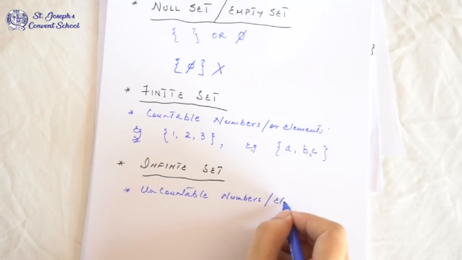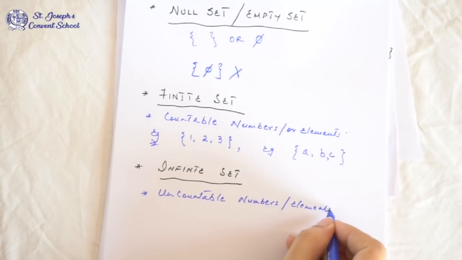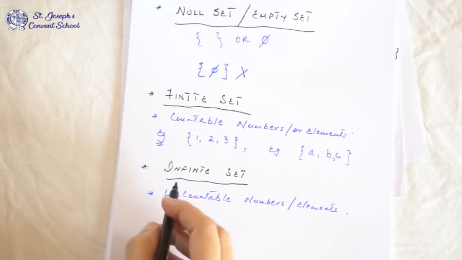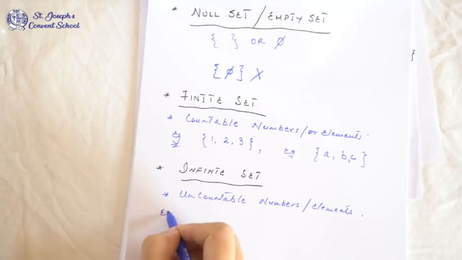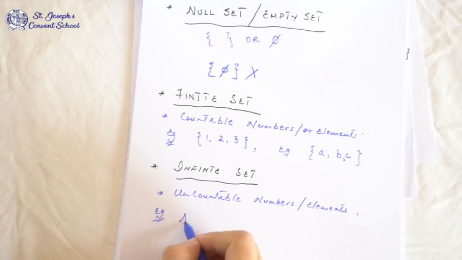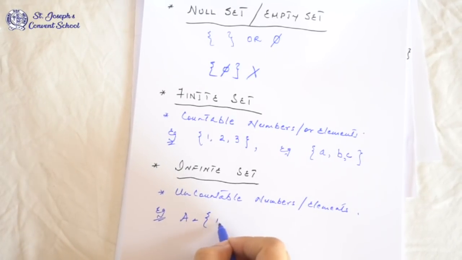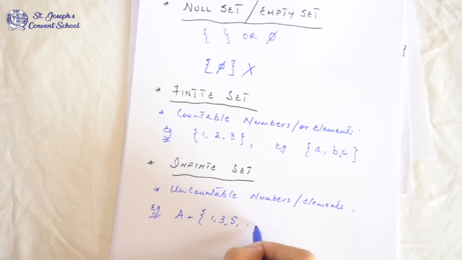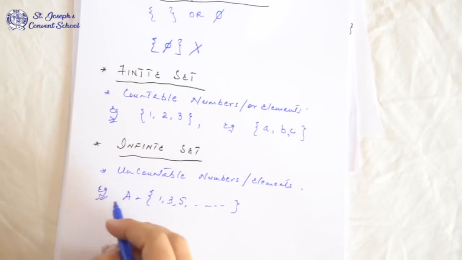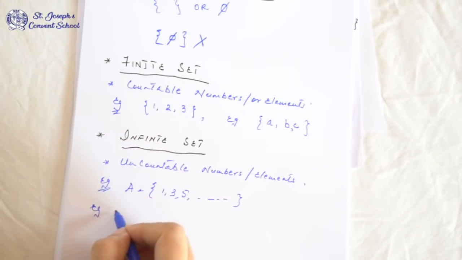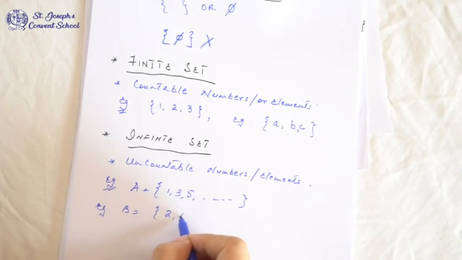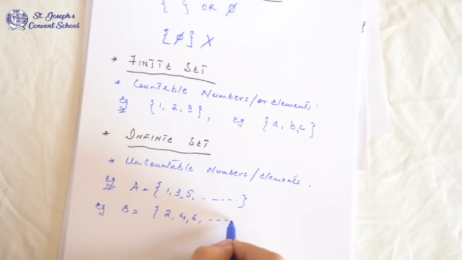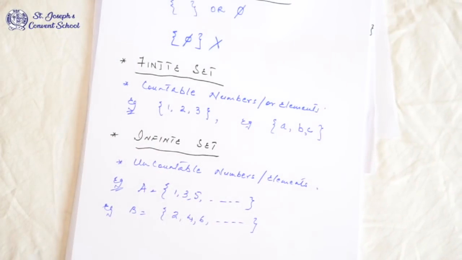When it is not possible to count the numbers. For example, in set A, if the elements are 1, 3, 5, 7, and so on. Or in the set, if the numbers are even numbers 2, 4, 6 and so on. Okay, so these are infinite sets.